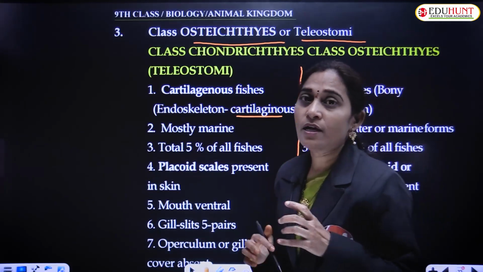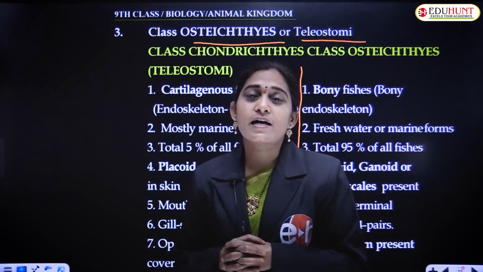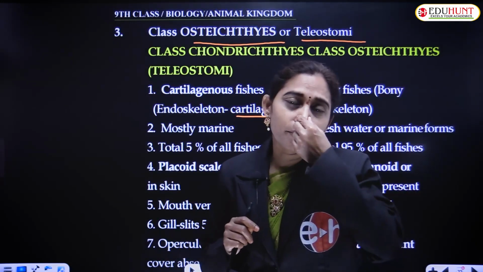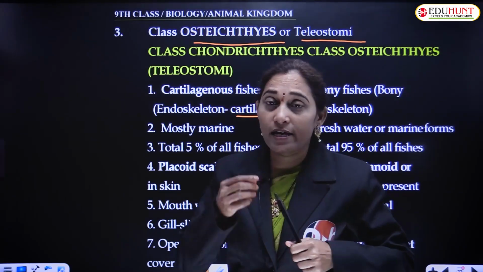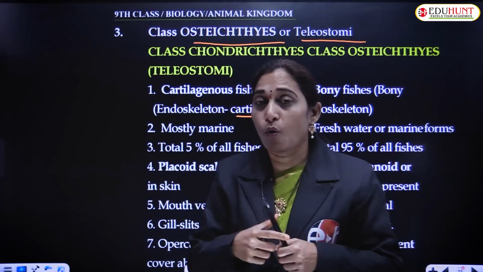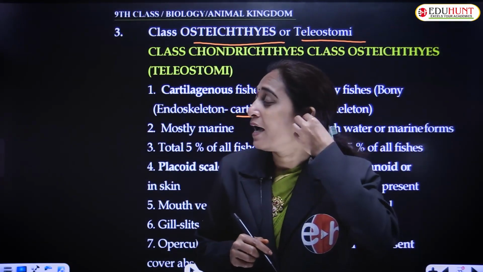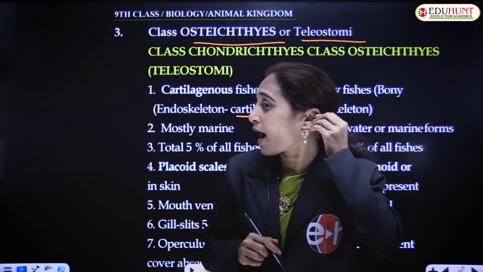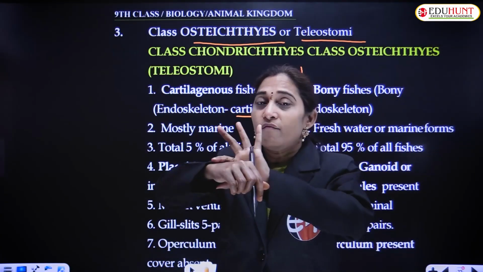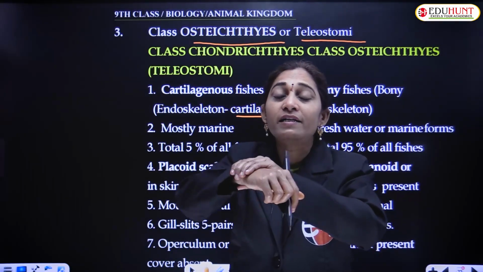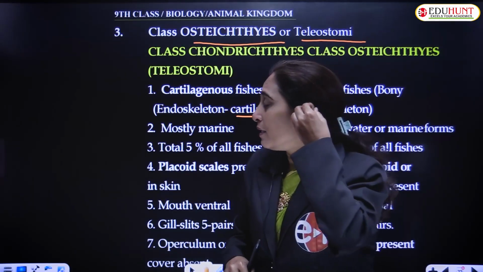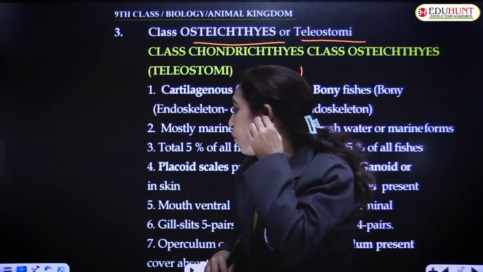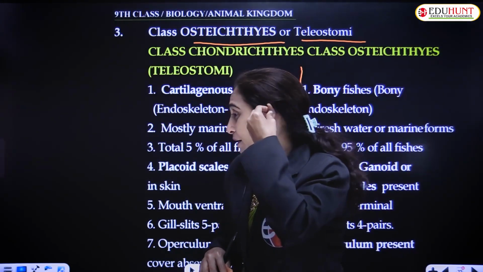Like cartilage in our body, where is the cartilage present? It is present in the tip of the nose. Yes, it is very soft bone. Even the pinna, the external ear, has soft bone. We cannot bend the bone, but in the external ear we have a bone which can be bent.